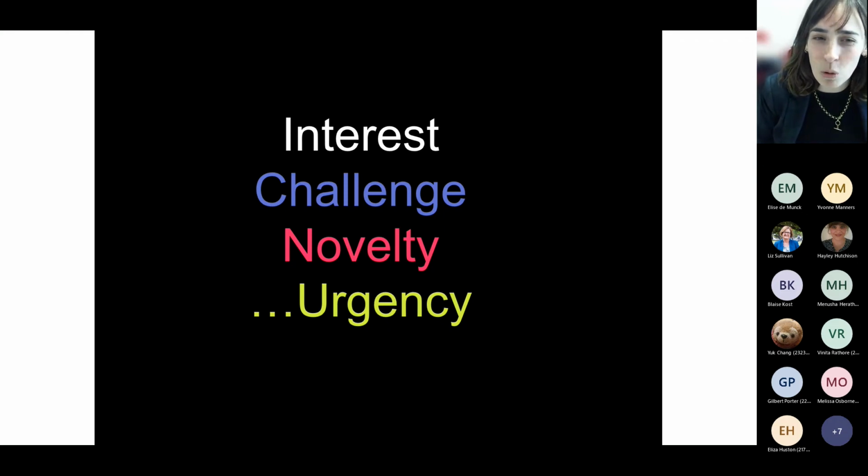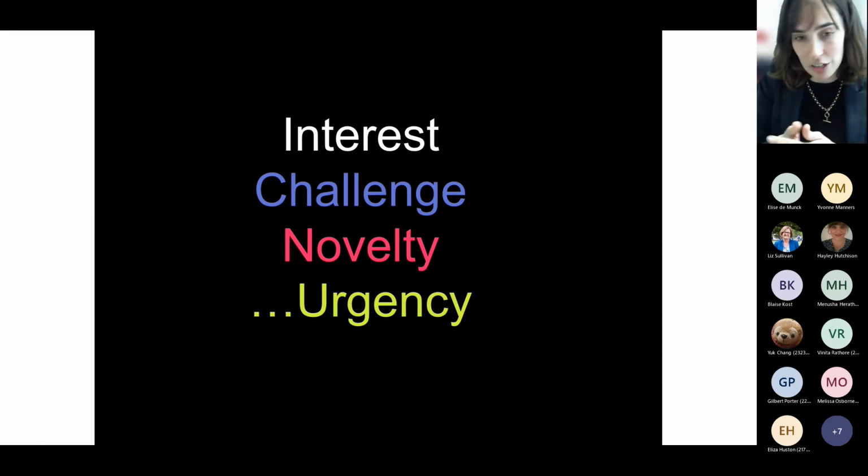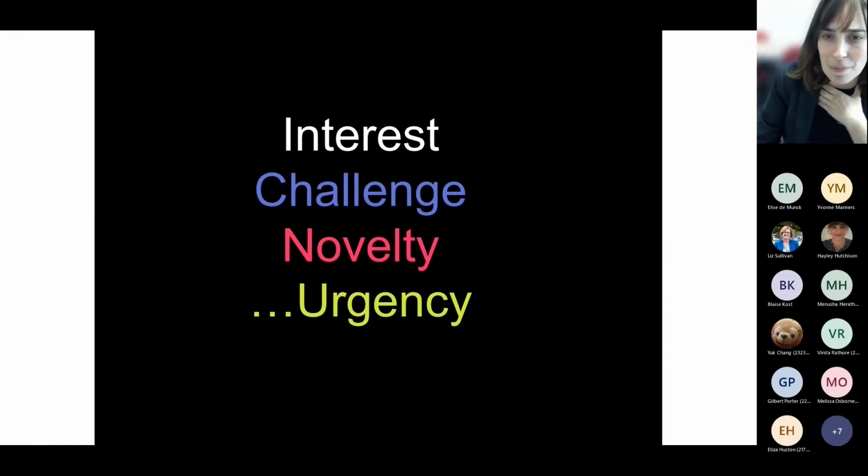It's more that attention can be engaged really successfully as long as certain criteria are met. So if what you're doing is personally relevant or interesting to you, if it feels challenging, and together with that, if it feels novel or exciting, it's much more likely that you'll be able to direct your attention to it.